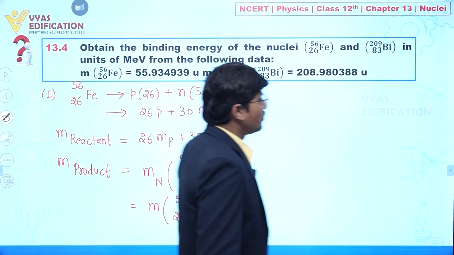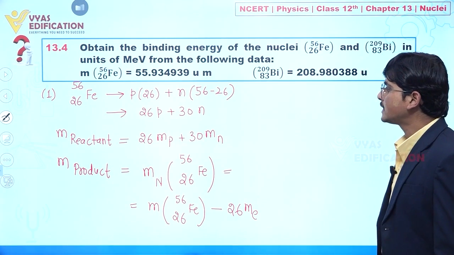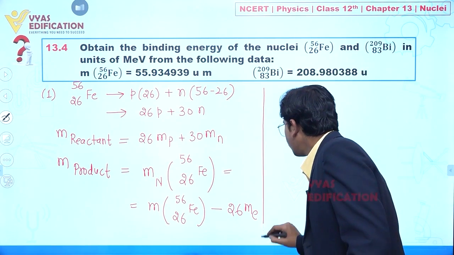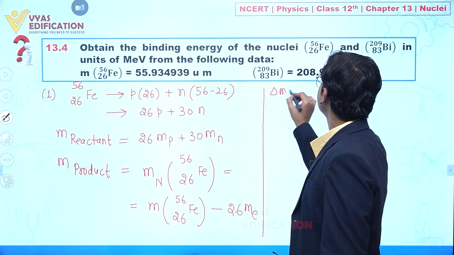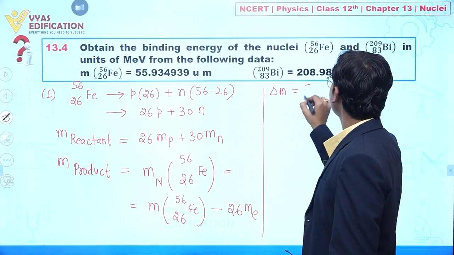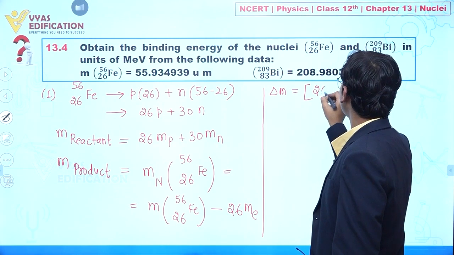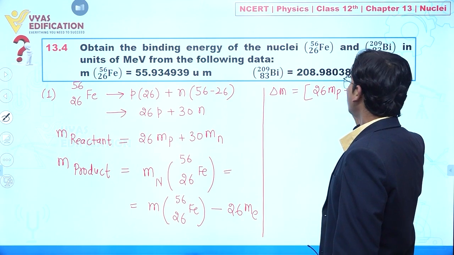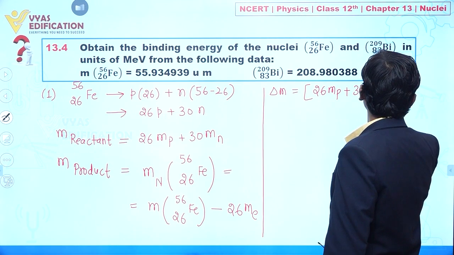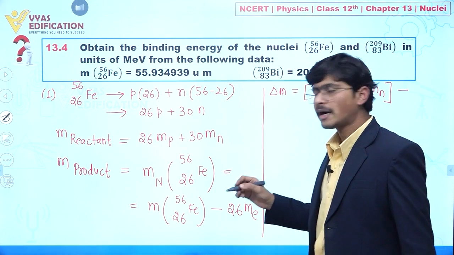So now can we find the mass defect? Yes, we can easily find the mass defect, delta m. Delta m should be equal to, first of all I will write the mass of reactant: 26 mp plus 30 mn. Now I am subtracting the mass of product.